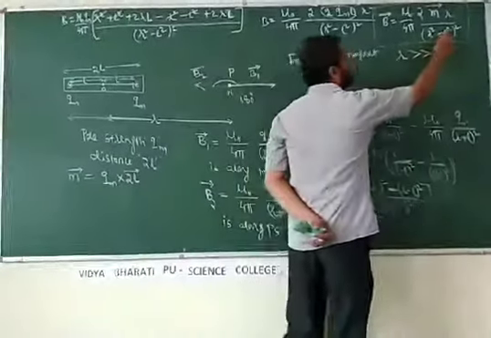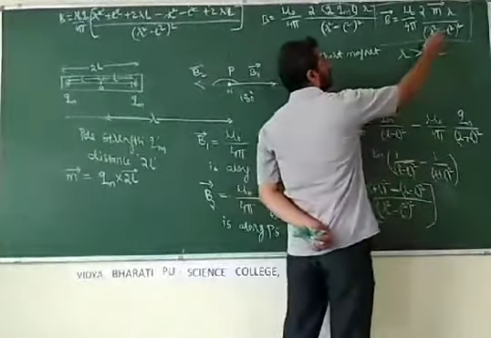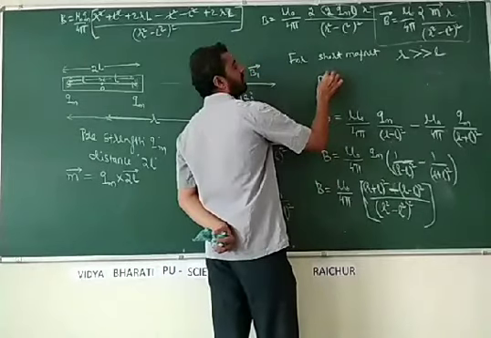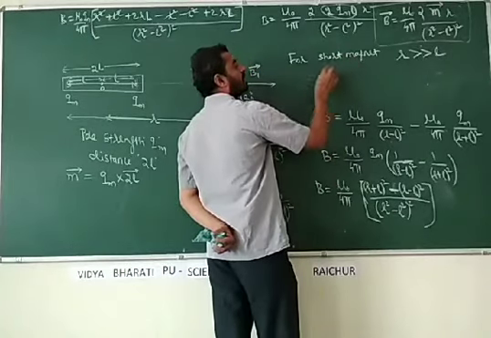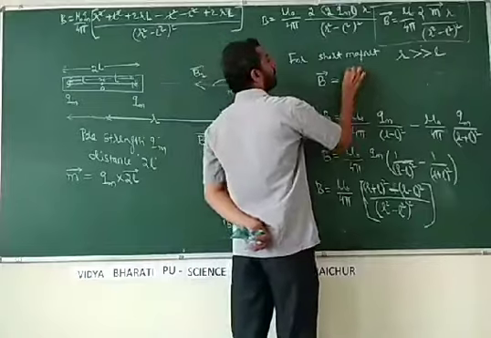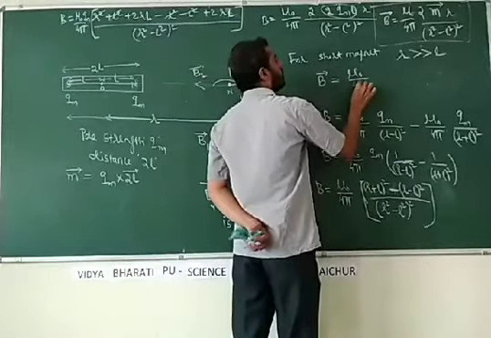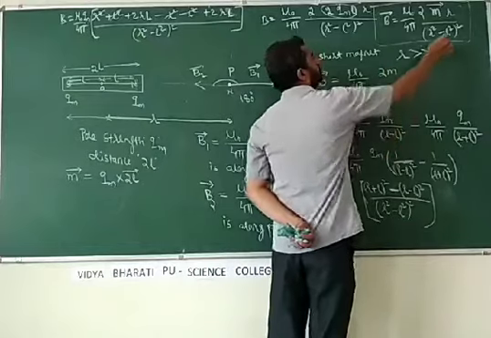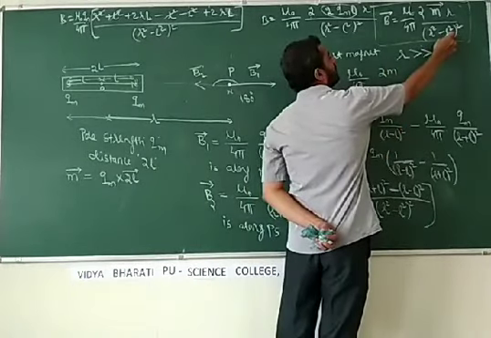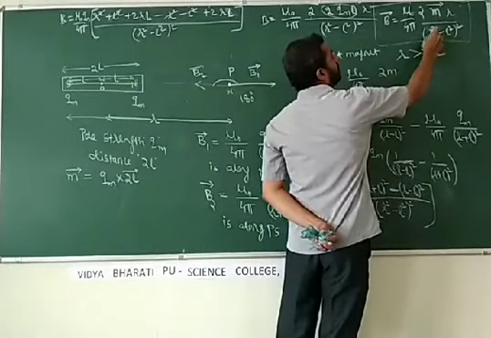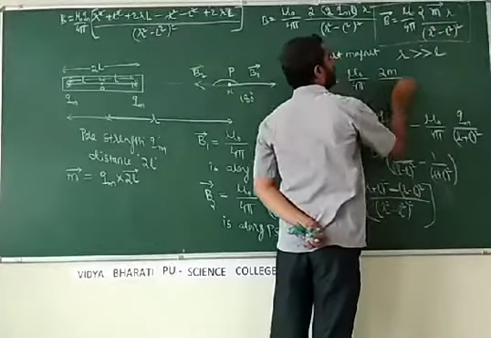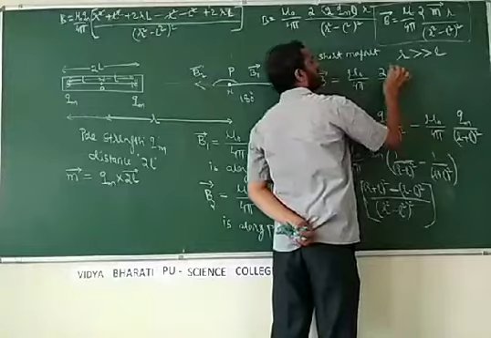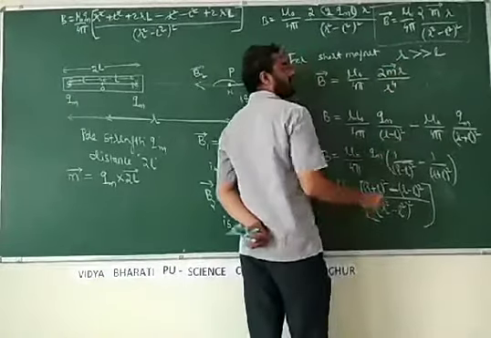On neglecting this l length in this expression, for a short magnet, the field at a point on the axial line is B equal to mu naught by 4 pi, 2m. On neglecting l square, it becomes 0. (r square) whole to the power of 2 gives r to the power of 4. In the numerator there is one r, and magnetic dipole moment is a vector quantity.